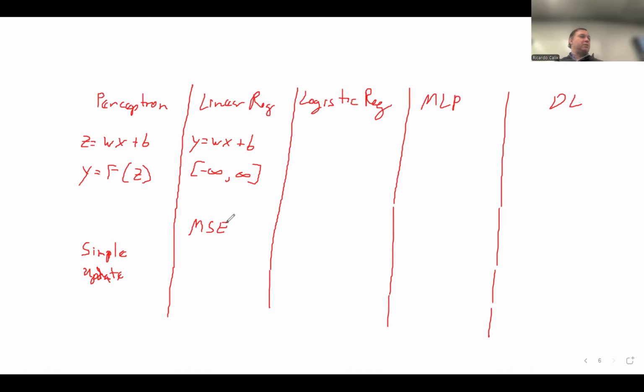Then we have logistic regression, okay, and that's going to be z equals w times x plus b, and z goes into another function, f, to produce the y, and this is trained with cross entropy, for the classification problem.